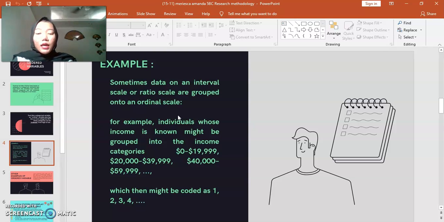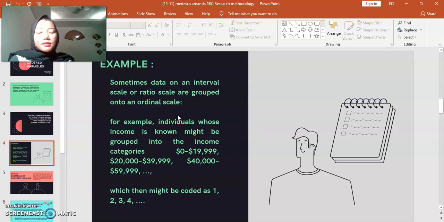For example, individuals whose income is known might be grouped into income categories, like $0 to $19 is the lowest one, and then $20 to $39 is the mid one, and then $40 to $59 is the highest one, which then might be coded as 1, 2, 3, and 4, from interval or ratio scale data.